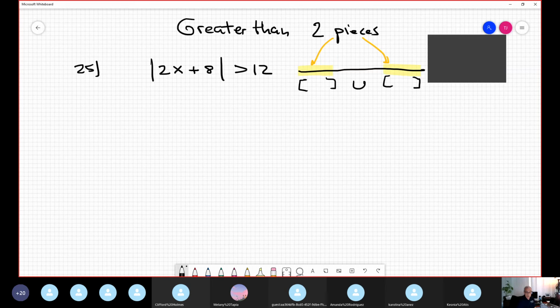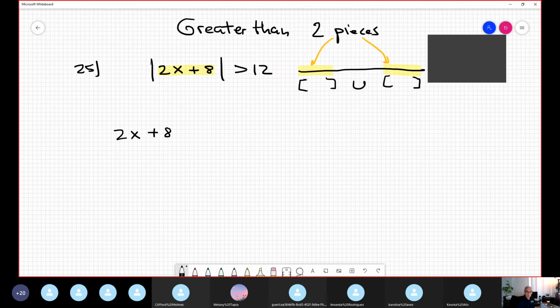Greater than gives two pieces, less than only one. I repeat, what are the two pieces? You remove the bar, and you copy that expression inside: 2x plus 8.